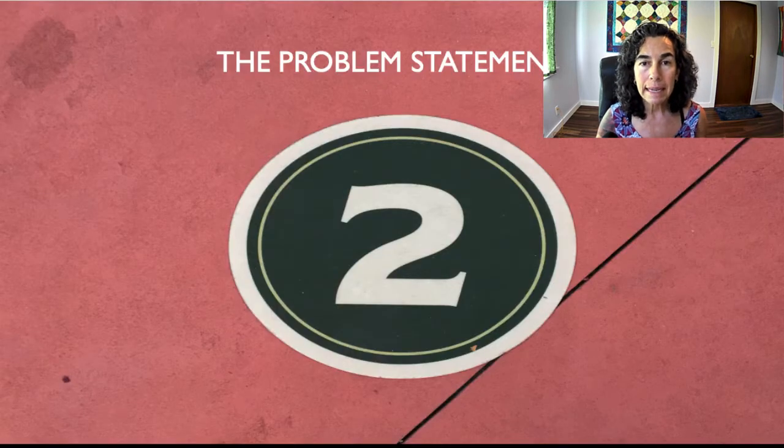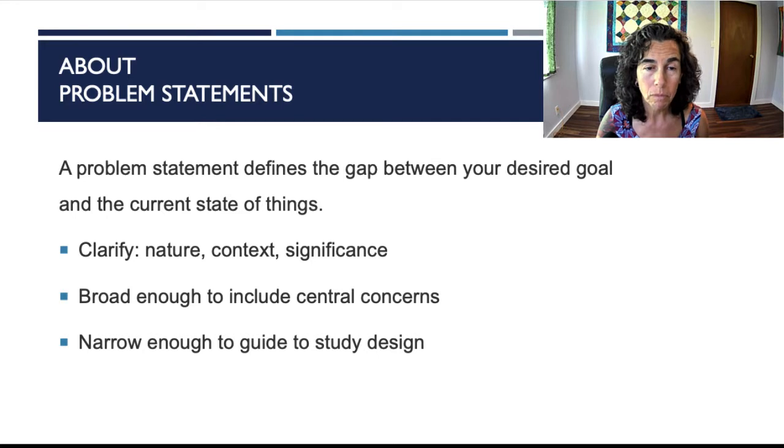So the second piece of this process is the problem statement. A problem statement defines the gap between your desired goal and the current state of things. So it clarifies the nature, context, or significance of the problem. It's broad enough to include central concerns, but it's narrow enough to guide the study design.